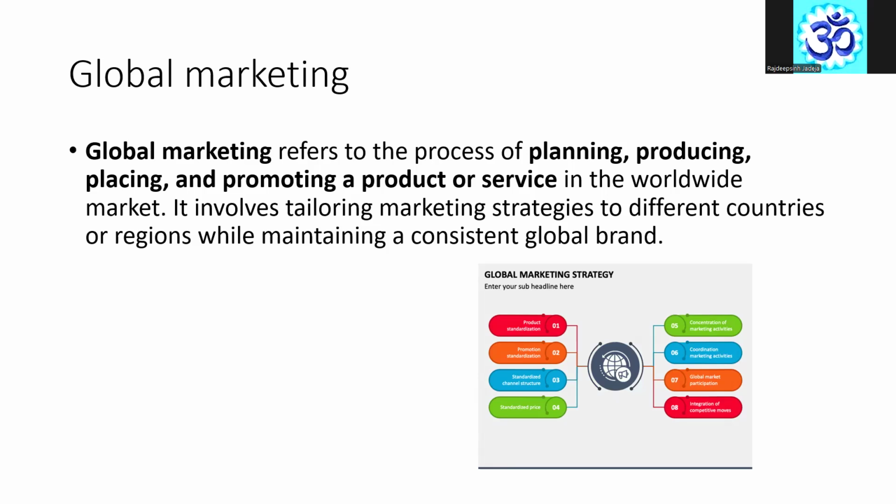Then we have to maintain a standard price, which is of course in US dollars. Then we have to concentrate on marketing activities. We have to focus on global marketing. We need to coordinate marketing activities. Then we have to participate in the global market, integrate the competitive force, and compete with the global players. So this is called global marketing strategy.